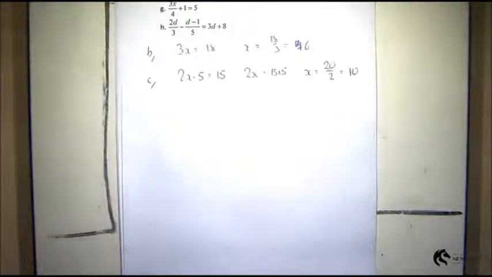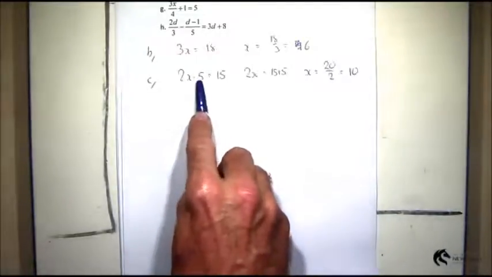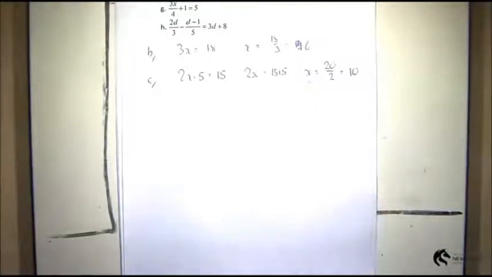So I believe the solution is x is equal to 10. I go back and check it. 2 times 10 is 20, 20 minus 5 is 15. Yes, I have found the solution. So the whole time, make x the subject, isolate x, get it by itself.